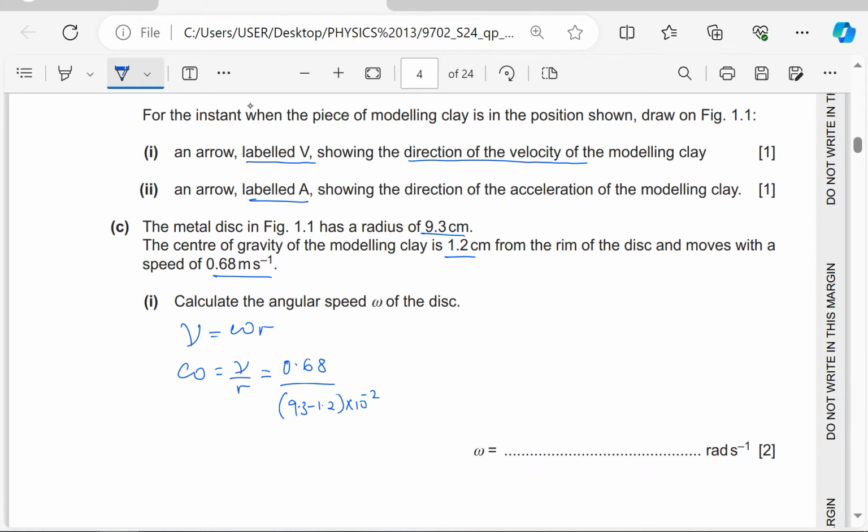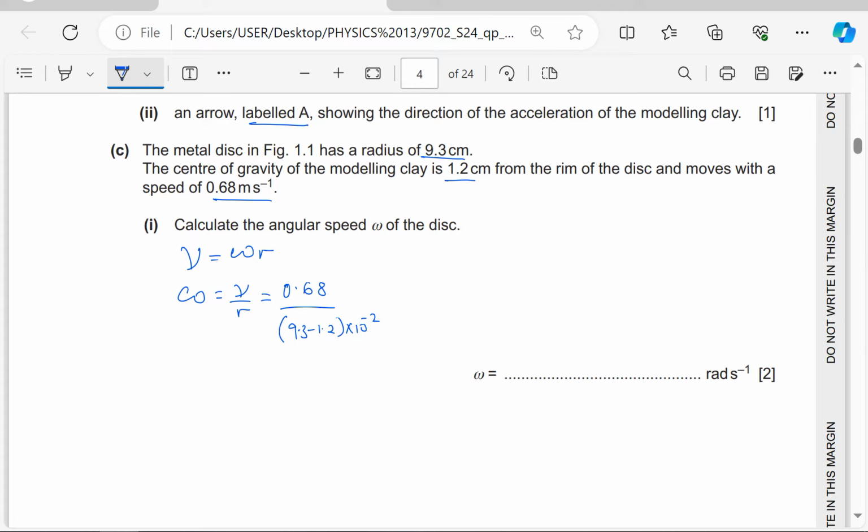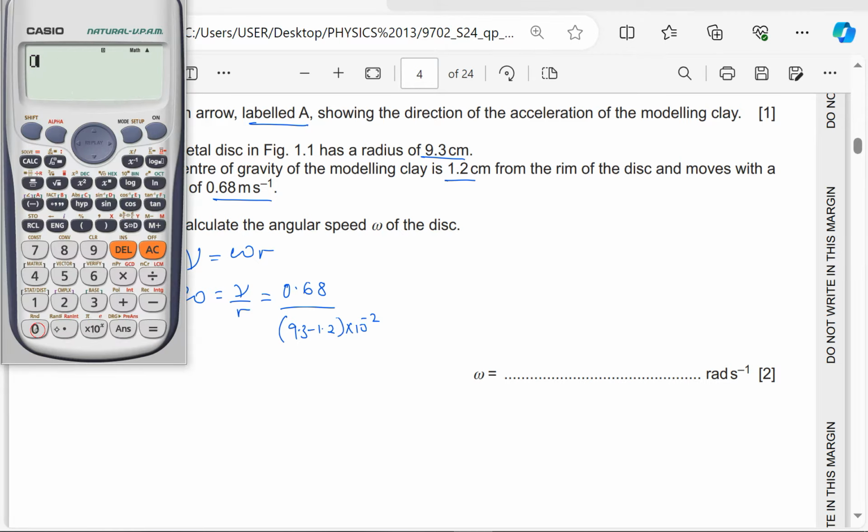I know many students must have failed to remember to subtract 1.2. So this is 0.68 divided by 9.3 minus 1.2, exponent minus 2. Oh, the calculator doesn't allow that.